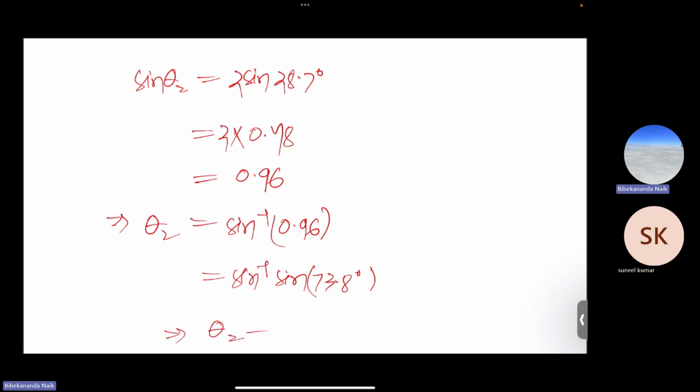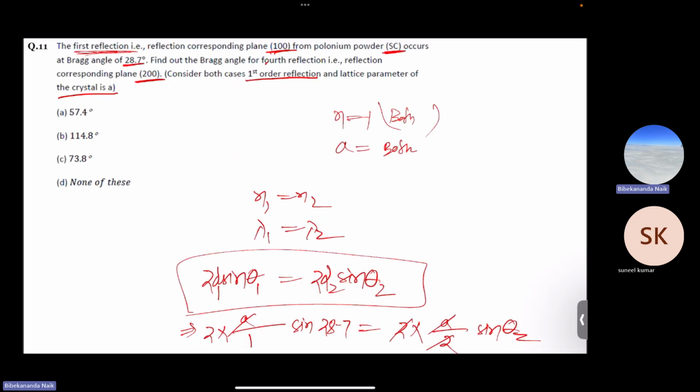So theta 2 will be 73.8. Okay, so this is the answer. The correct answer will be 73.8 degrees.